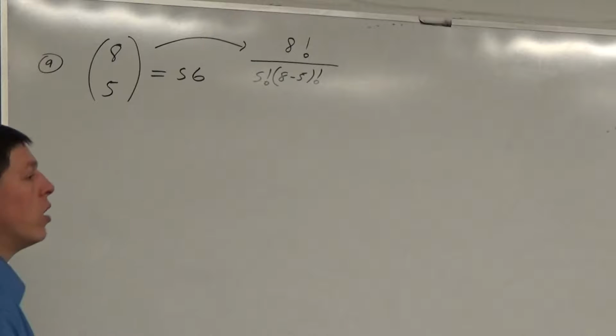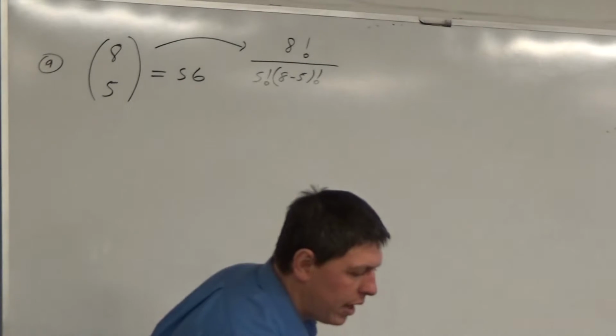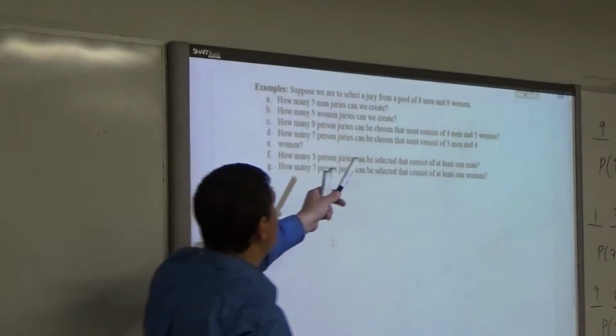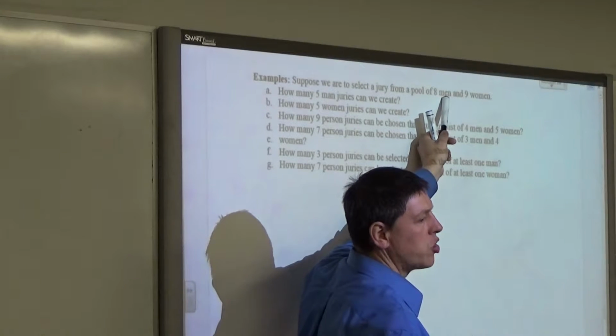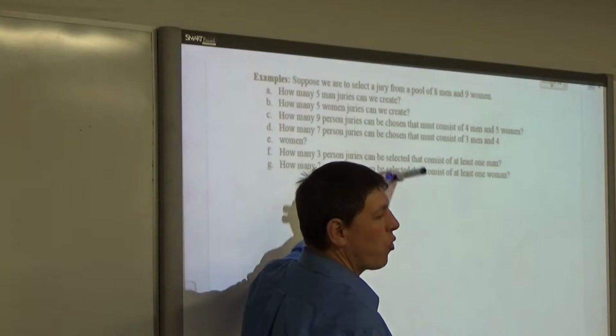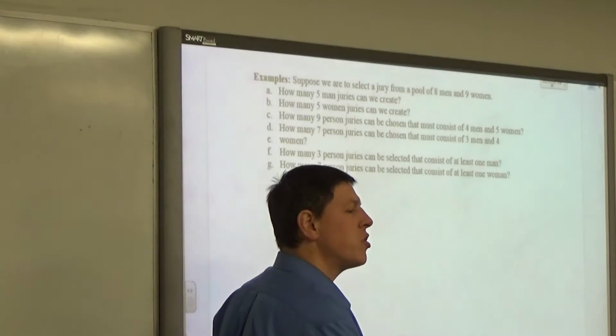Okay. So how do you find N and R? In this case, it says we had 8 men that we're selecting from, right? So that's N. There are 5 man juries, so that would be R. So it's just given to us right away. Does that make sense, John? Yeah.